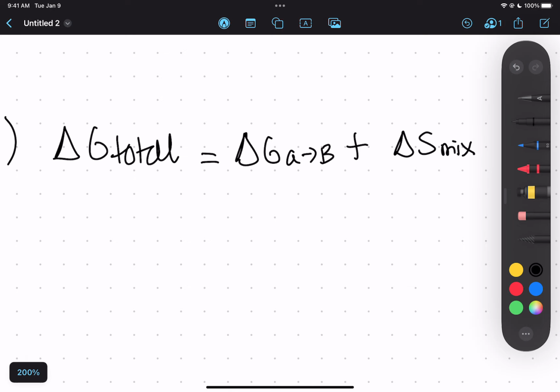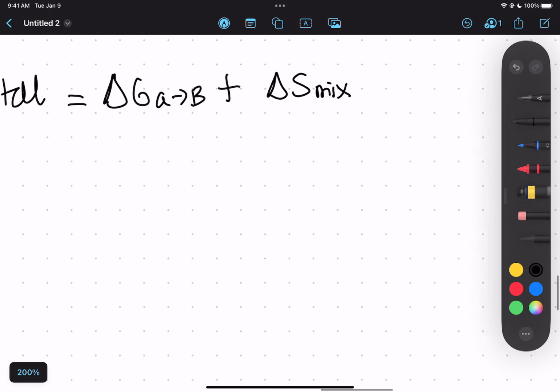So we don't have delta H, right? Remember, we didn't get any indication of what delta H is, but you're on the right track, because what's that last part of the equation you said? Exactly.